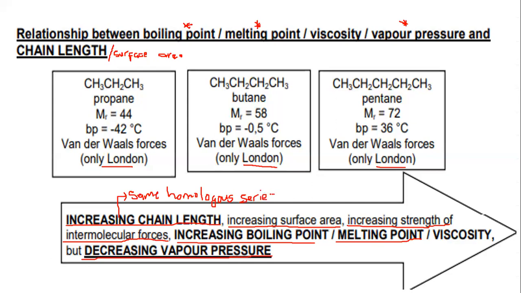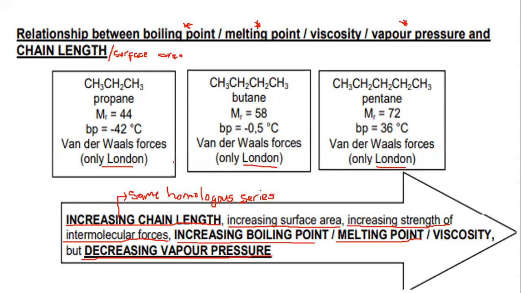So the type of intermolecular forces is not significant here in terms of why the boiling point is changing. What is significant in terms of why the boiling point is getting higher is those intermolecular forces becoming stronger because of the chain length increasing altogether.